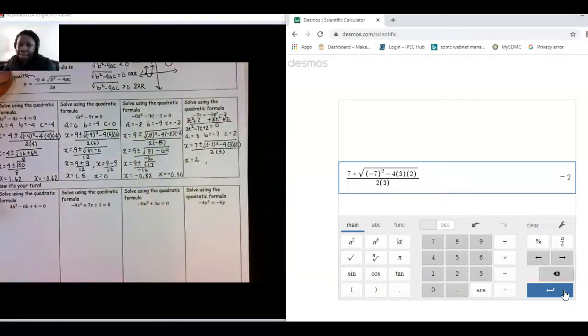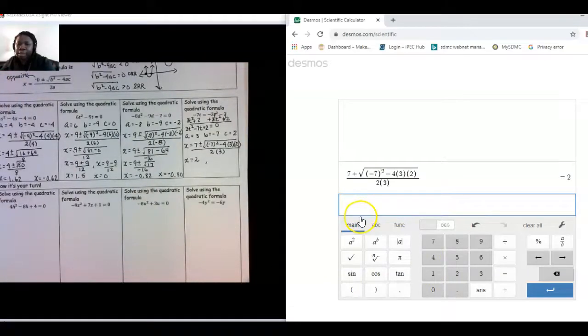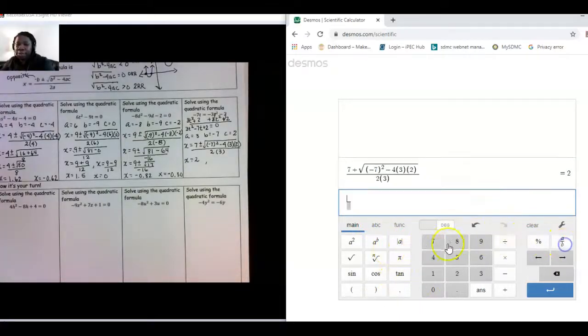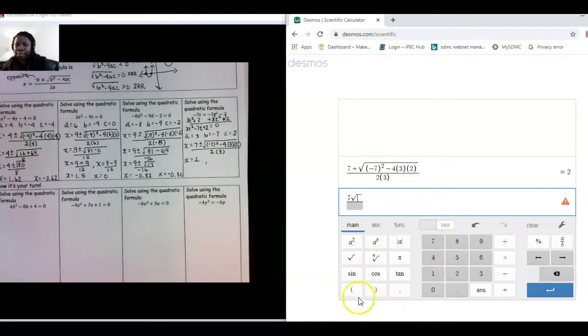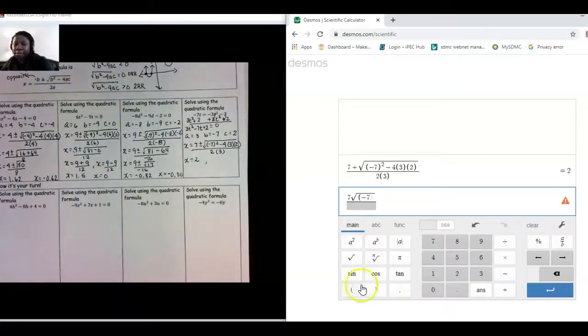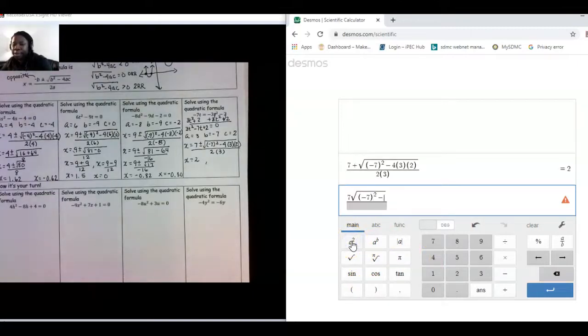That's the first x. Let's do the second x. So again, we go 7 minus the square root of parentheses negative 7 squared minus 4. I'm just going to see if anything happens if we use a dot.